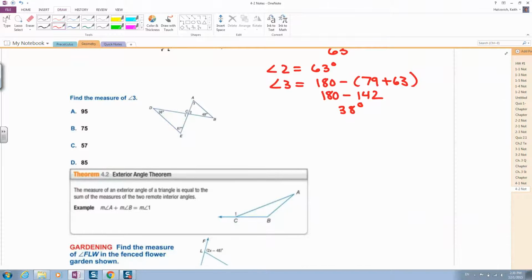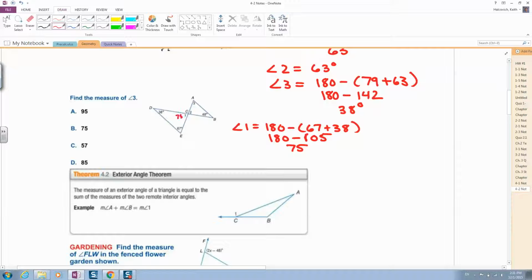Find the measure of angle 3. Well, to find angle 3, you first have to find angle 1. So angle 1 is 180 minus (67 plus 38), which is 180 minus 105, equal to 75.